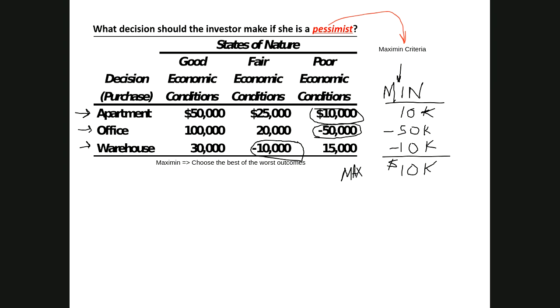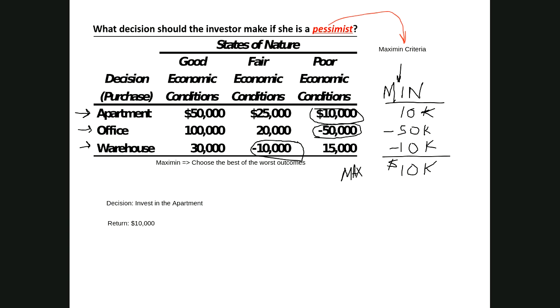So the pessimistic situation, the best decision, and we'll see that the return is $10,000.